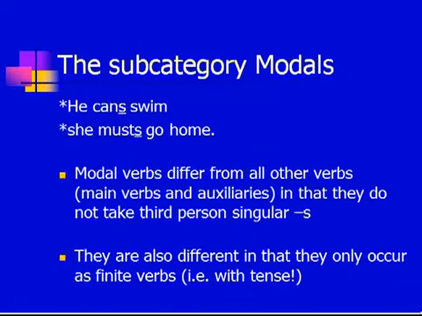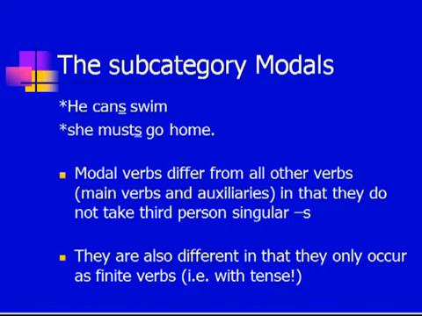Modals are a bit special, and look at these. You can't say he cans swim, you would say he can swim, or she musts go home. You don't say that, you say she must go home. So what we find is that modal verbs differ from all other verbs, main verbs and auxiliaries, in that they do not take third person singular s.